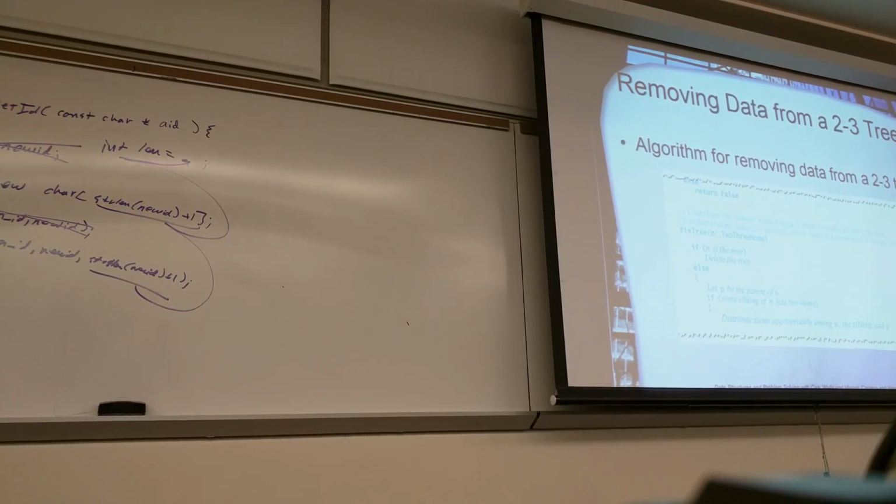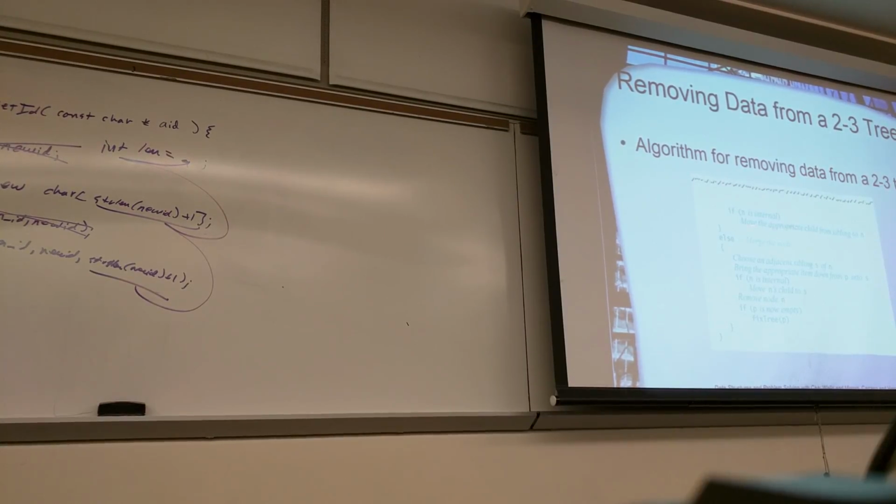So siblings share a parent. This is a node I need to fix, and if one of my siblings has 2 values, then I can redistribute. It's that rotate, where I redistribute things around.